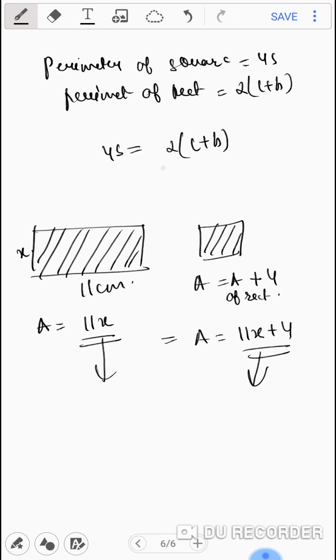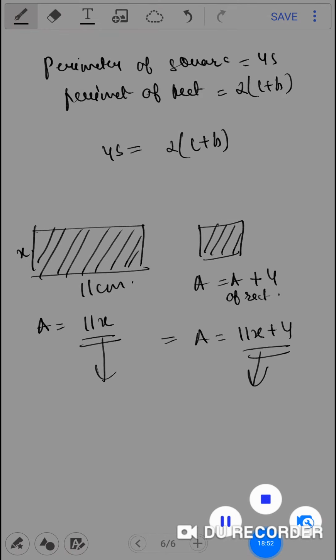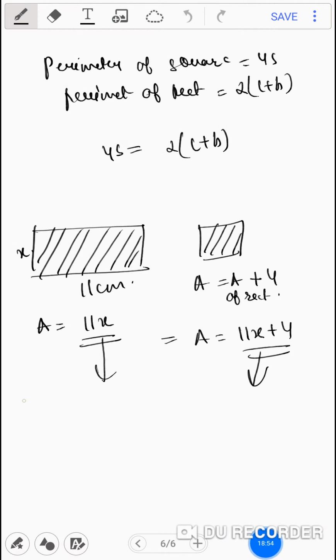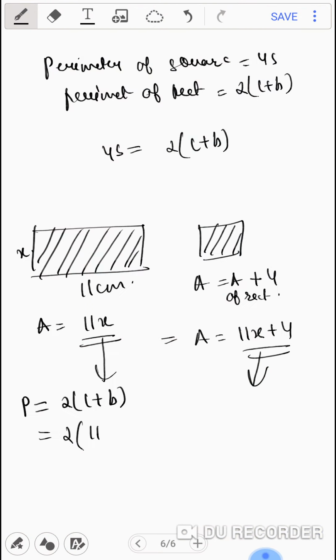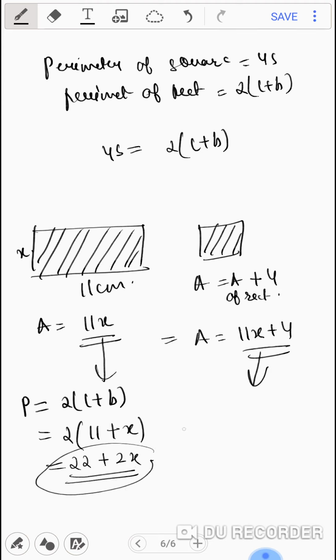Let's start. Here the perimeter will be 2 into 11 plus x, and that will be 22 plus 2x. That's the perimeter of rectangle, and it is equal to the perimeter of the square.